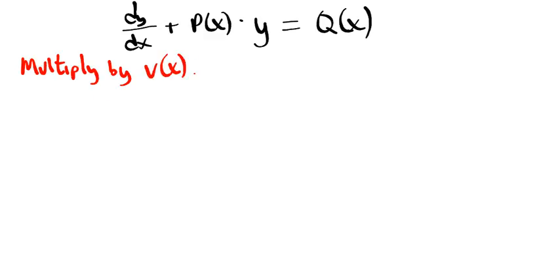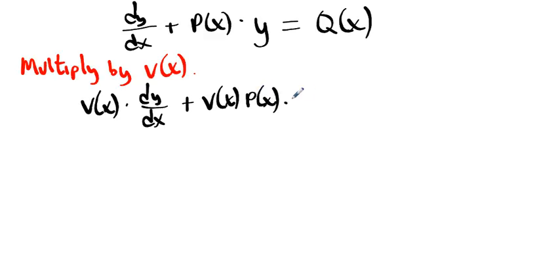So I've got v of x times dy/dx plus v of x, p of x, y is v of x, q of x.